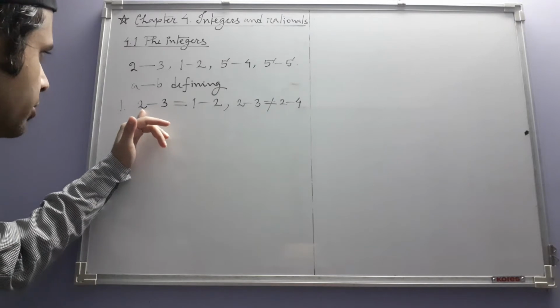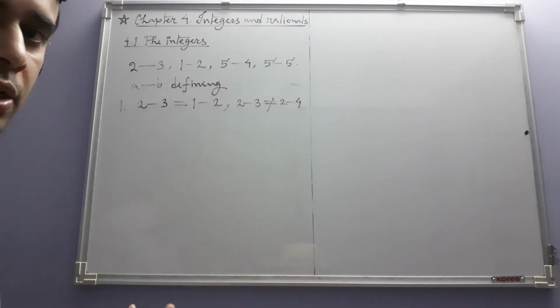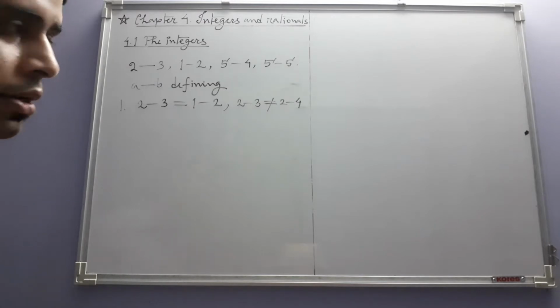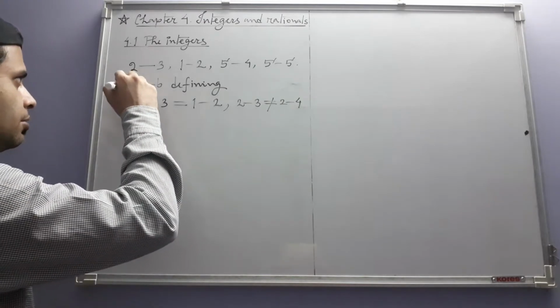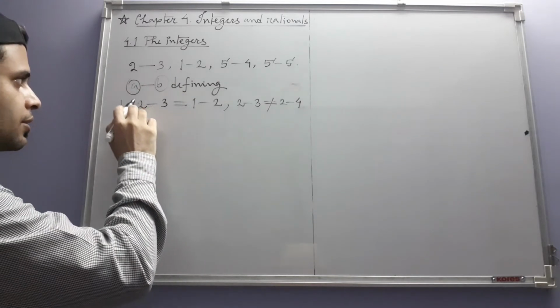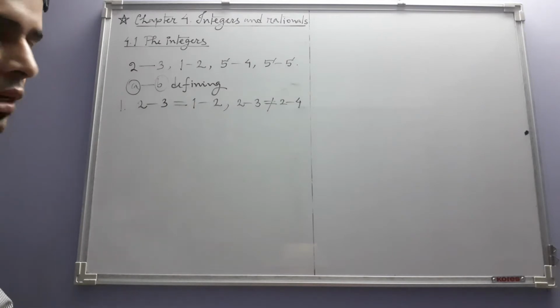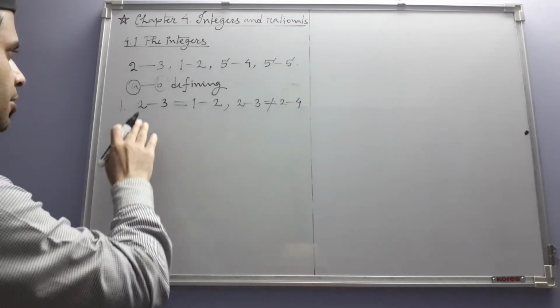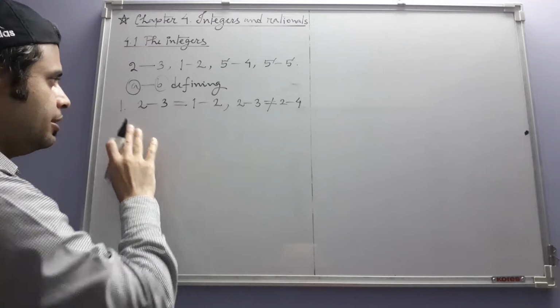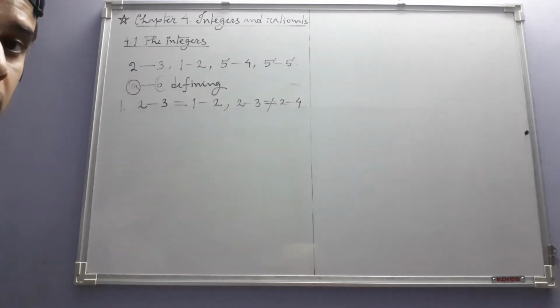We don't know yet that 2 minus 3 is minus 1. We don't even know what minus 1 means. All we know is that we have natural numbers and we are trying to define integers in this way. So the first problem is that we need a way to decide when two such differences are equal.